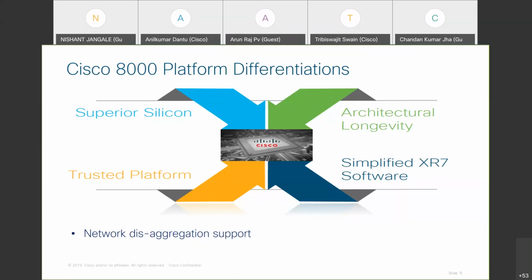So this is just the start of the product. We'll have further developments and different product types getting launched, so this is good enough to support service provider as well as web customers for the coming decade.